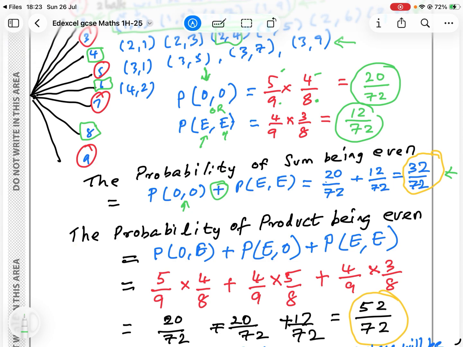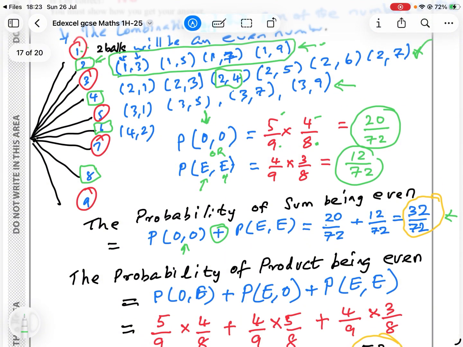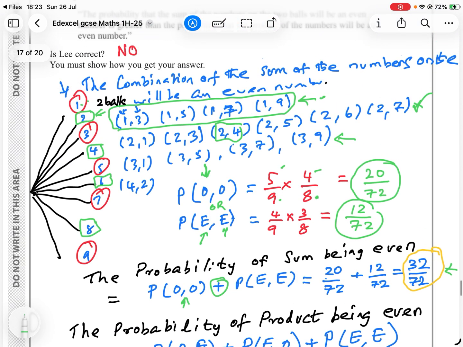Likewise, the probability of the product being even. Example I mentioned here. When you look at odd numbers and even numbers, when you take an odd number, for example, 1 times 2.